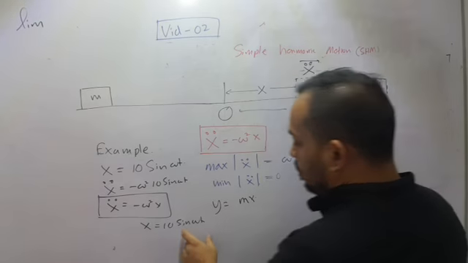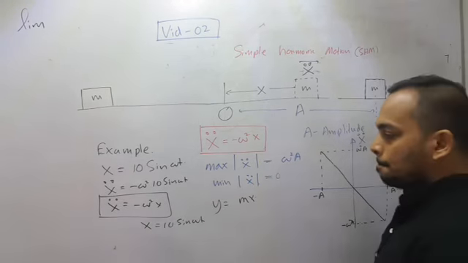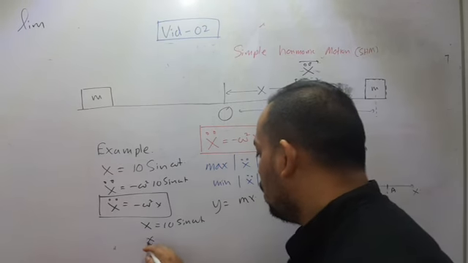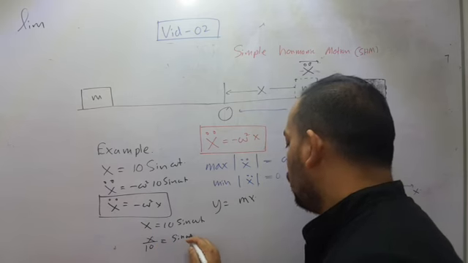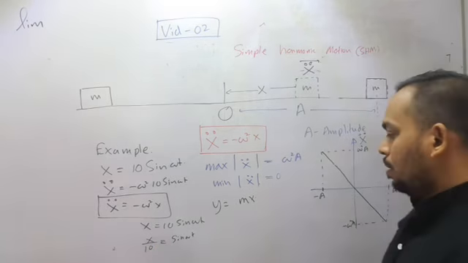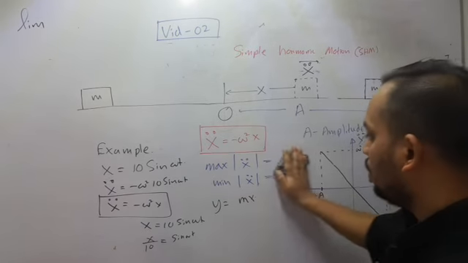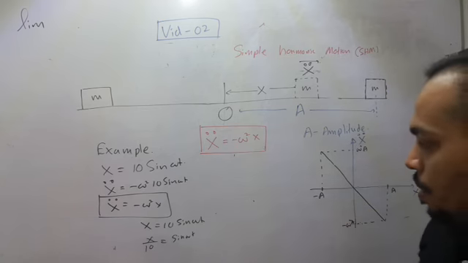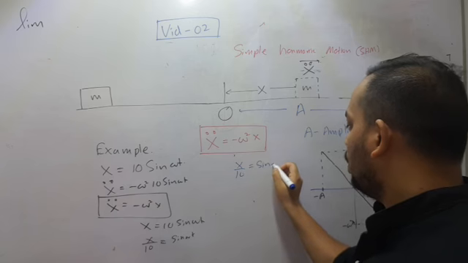Let me rearrange: x divided by 10 is equal to sine omega t.